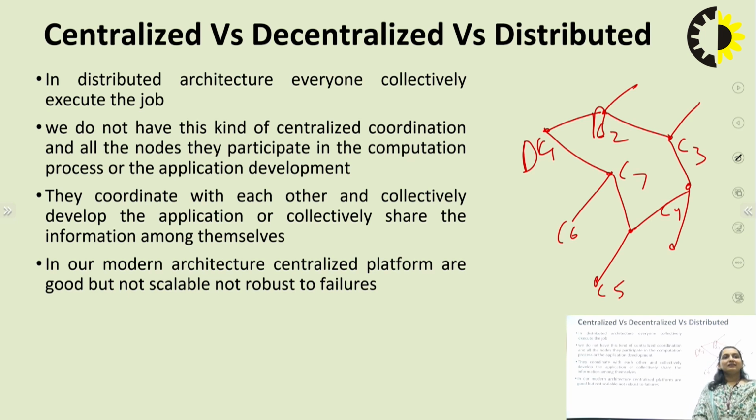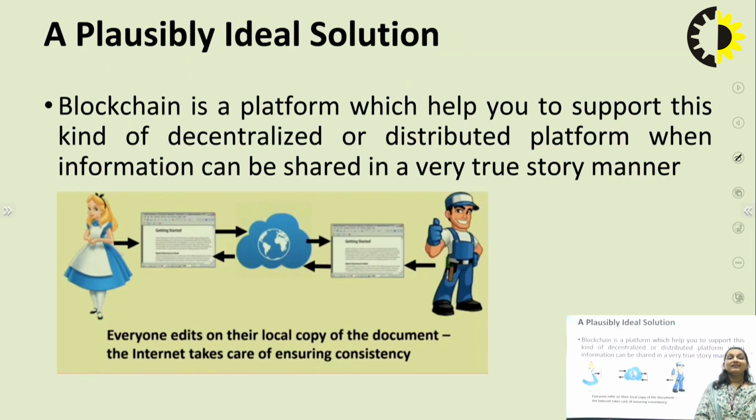In this modern scenario, centralized is not scalable or robust, so we are using a distributed architecture. The solution is blockchain, a platform which supports decentralized or distributed architecture. So we are taking the centralized out of the picture.